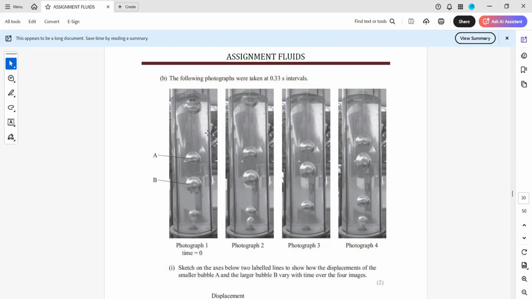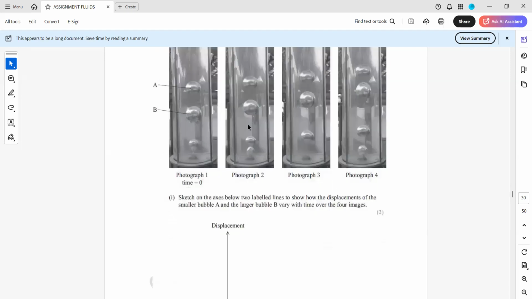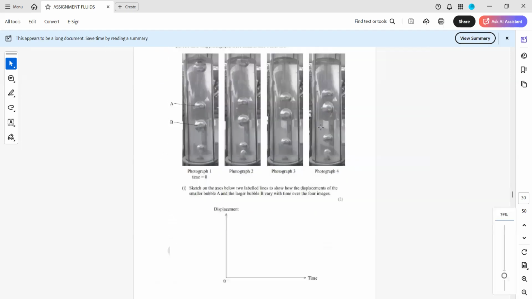So if I consider this as origin, because we have to consider one of the points as origin. If I consider B as the origin, the bubble B as the origin, then bubble A is not at the origin.